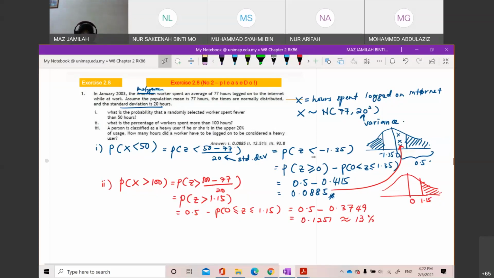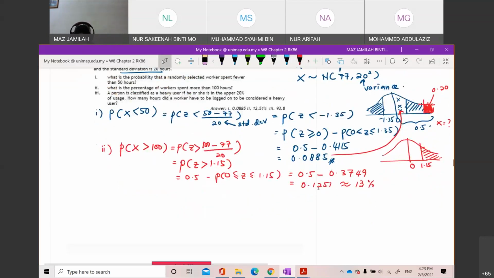Now you are talking about the upper 20%, so the upper 20% is 0.20. If they log on more than a certain value of X, we can classify that as a heavy user. Obviously, we are going to use the upper tail distribution to solve the equation.